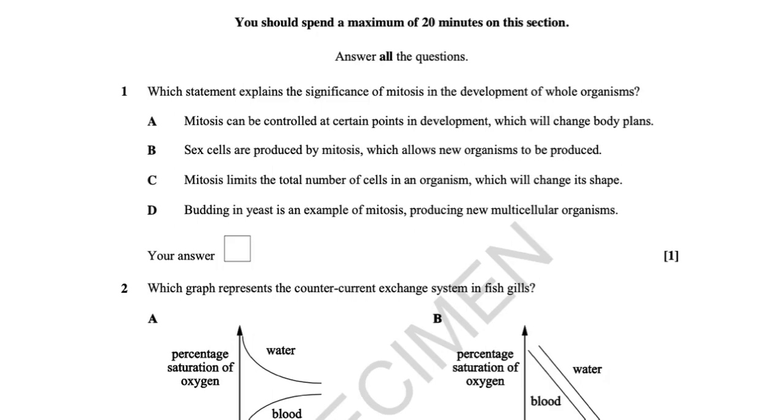It also comes up with sex cells are produced by mitosis, which they're not because they're produced by meiosis, which leaves us just with A and C. And the answer here is A, that mitosis can be controlled at certain points in development, which will change body plans. So the answer here is A.